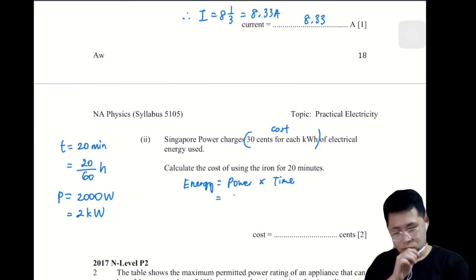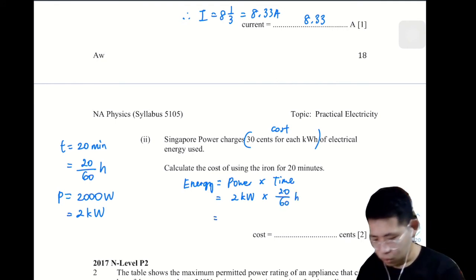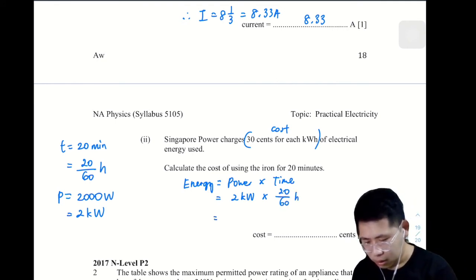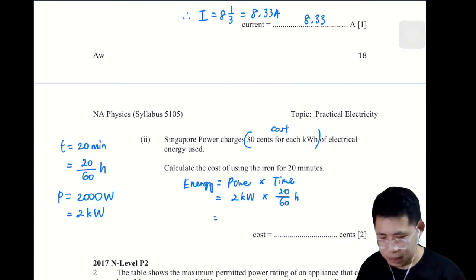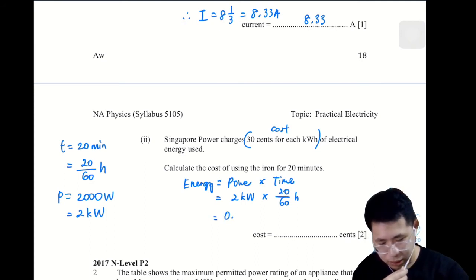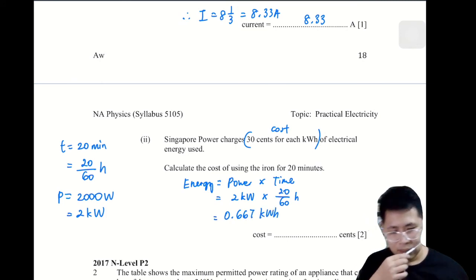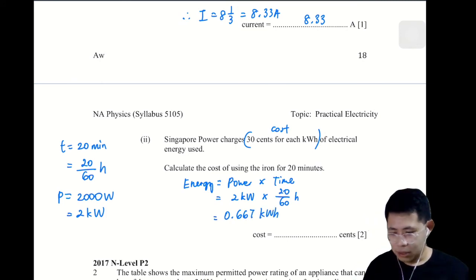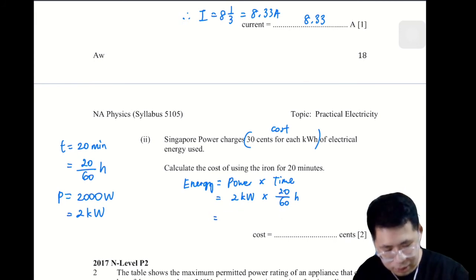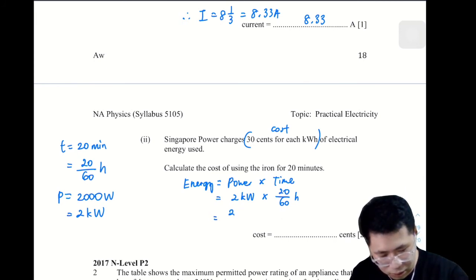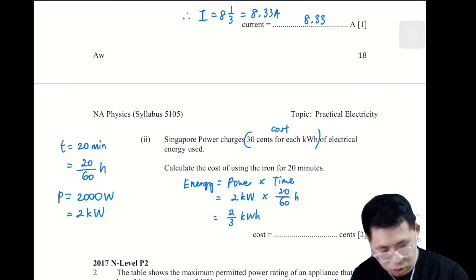Power is 2 kilowatts. Time is 20 over 60 hours. So 2 times 20 over 60 is actually equal to 0.667 kilowatt hours. Actually, I should use the exact amount, it should be 2/3 kilowatt hours.